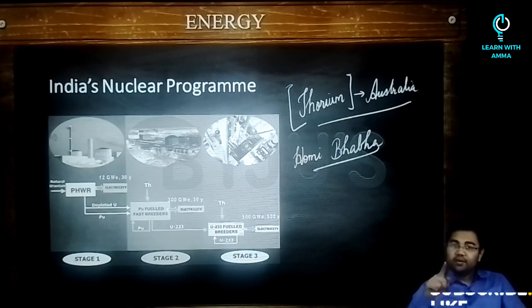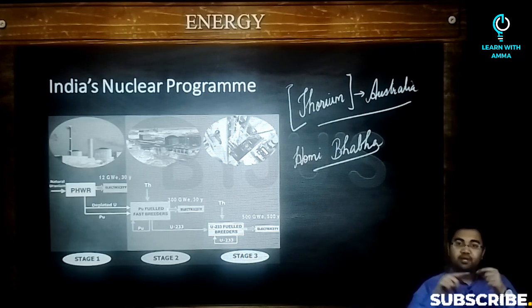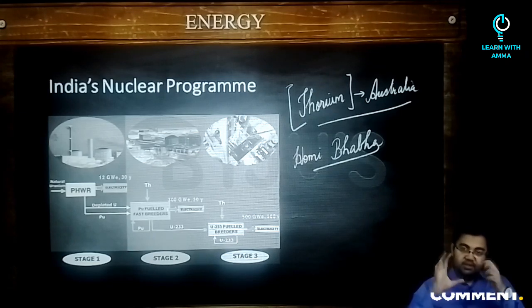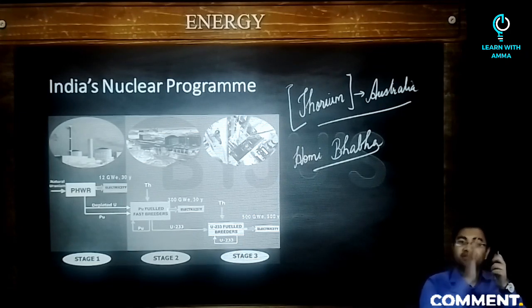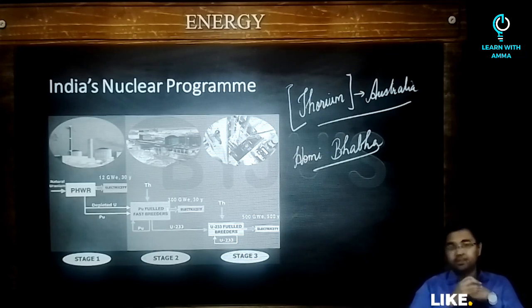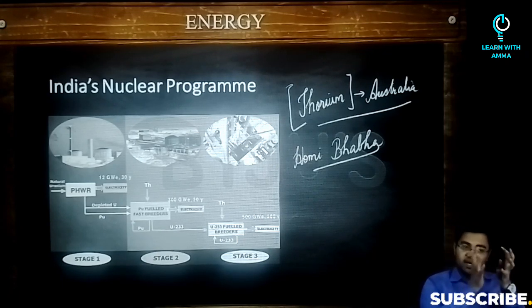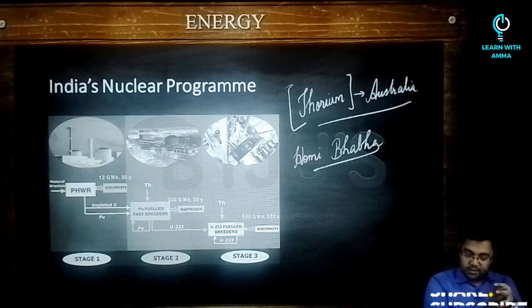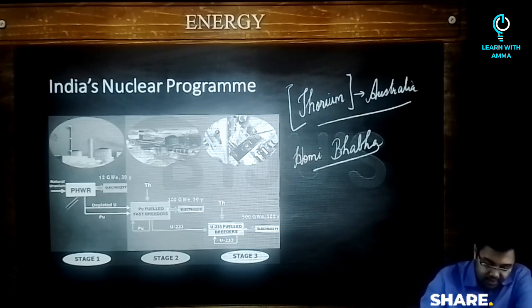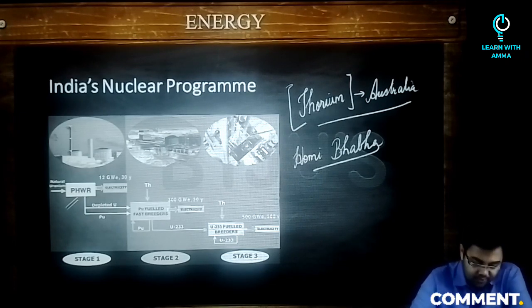So this is what we are trying to do in our nuclear program, enabling ourselves to start using thorium. For this very purpose, he had envisioned a 3-step nuclear program for India. What we will do is start using pressurized heavy water reactors first. If you look at this diagram, we will start using the pressurized heavy water reactor.